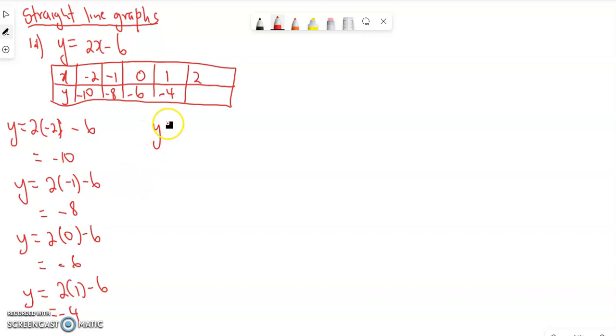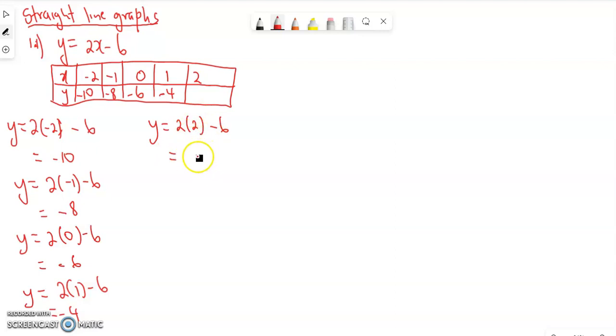Then y is equals to 2 into 2. Then we substitute and put 2 times 2 minus 6.